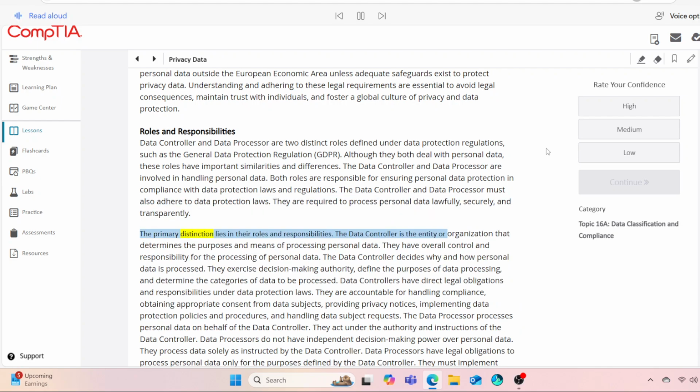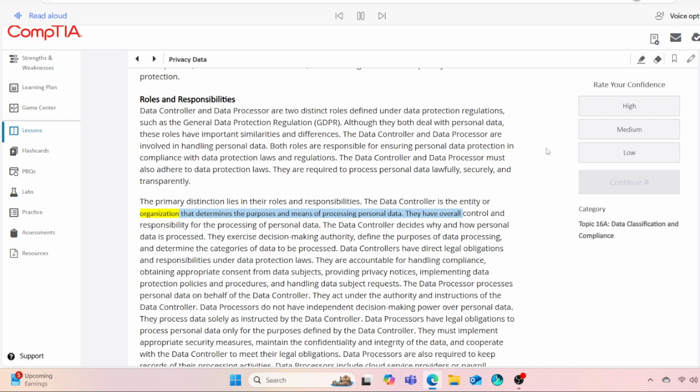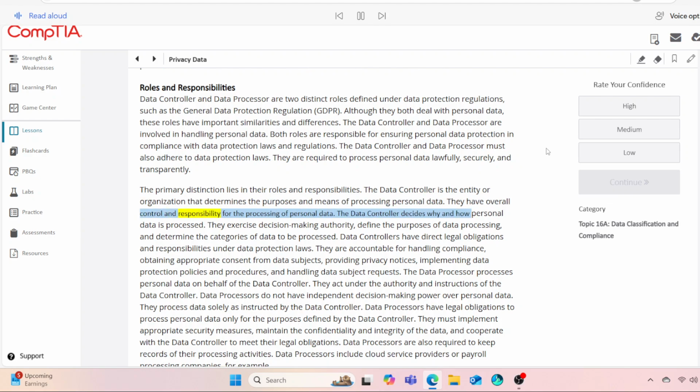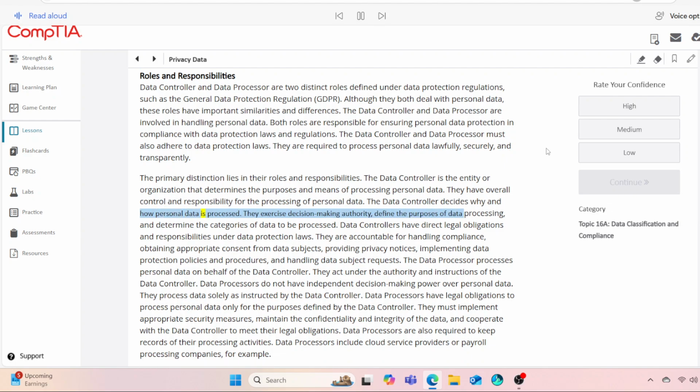The primary distinction lies in their roles and responsibilities. The data controller is the entity or organization that determines the purposes and means of processing personal data. They have overall control and responsibility for the processing of personal data. The data controller decides why and how personal data is processed.